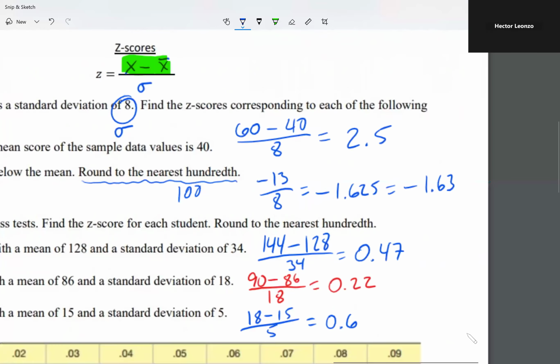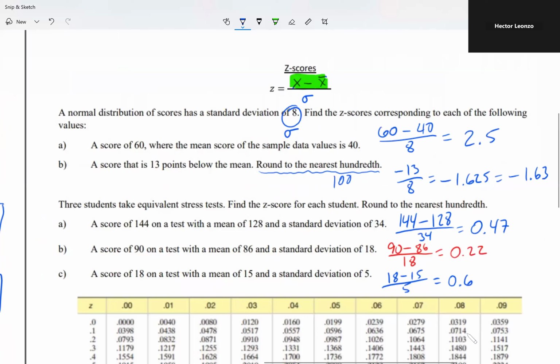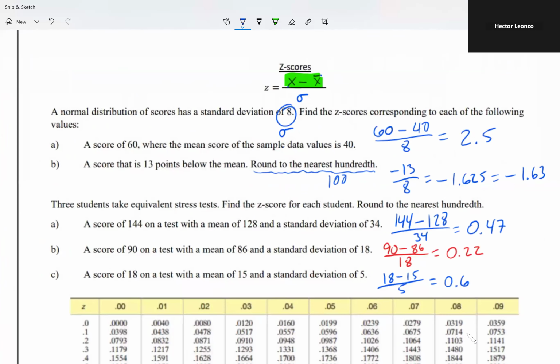So C-scores can be positive, can be negative, okay? That's all I need you guys to do on this section. Easy. The number we're testing minus the mean, all divided by standard deviation. So let me say that again. The number we're testing minus the average, all this divided by the standard deviation.